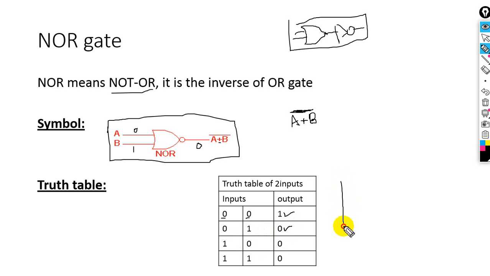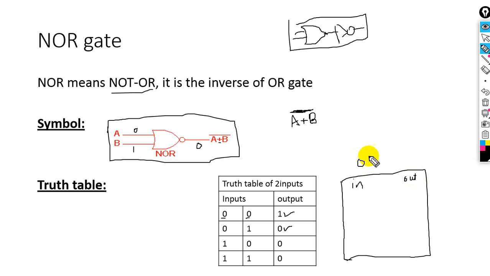So let me just draw the truth table of the OR gate, then you will understand. Right here we have inputs, these are the inputs and this is the output for the OR gate.